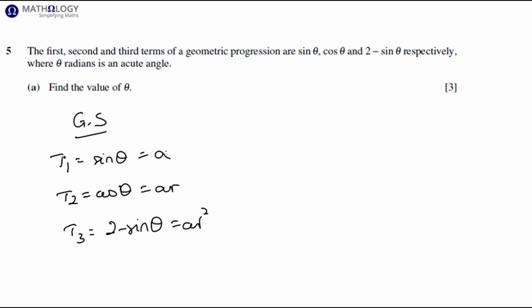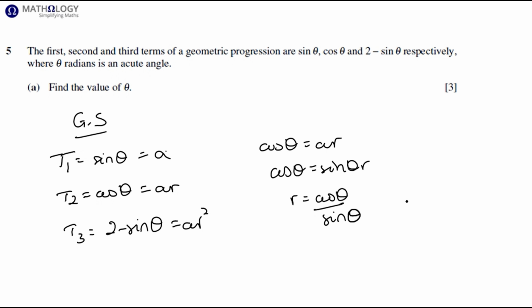So using the first two terms, cos theta, the second term, equals AR. A equals sine theta because that's the first term. So R equals cos theta over sine theta.